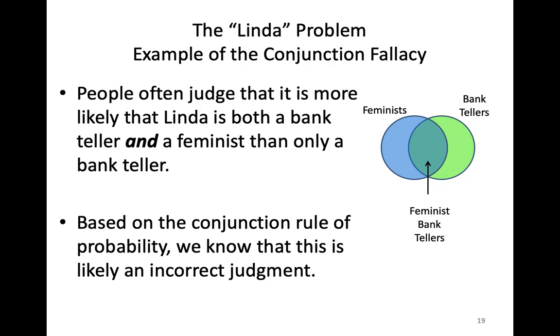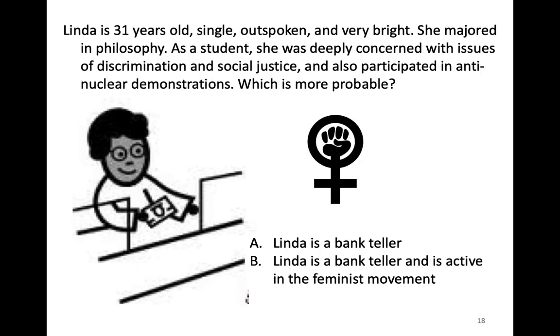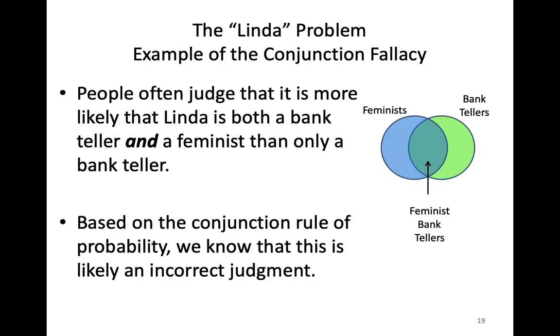So there's more people in the world that are just bank tellers. There's fewer people in the world that are both feminists and bank tellers. Therefore, going back and looking at the choices, it's much more likely, because there's just more of them in the world, that Linda is a bank teller rather than being both a bank teller and a feminist.